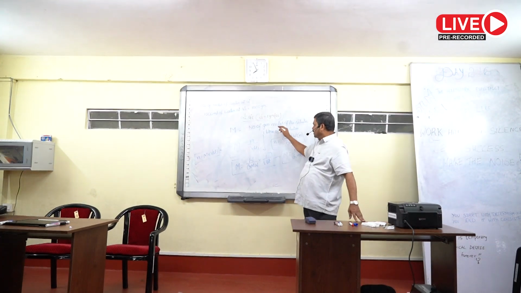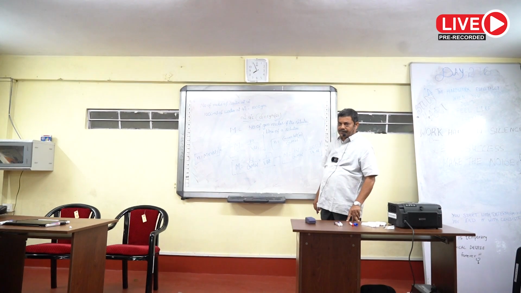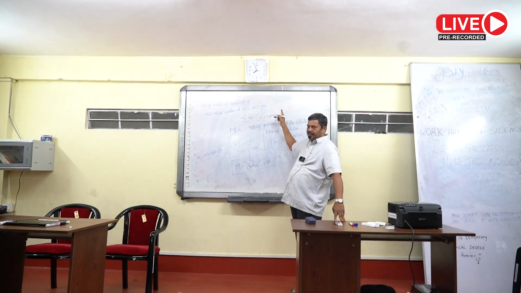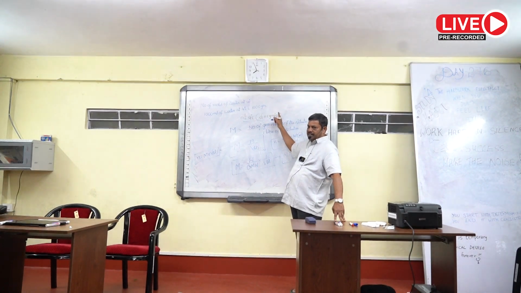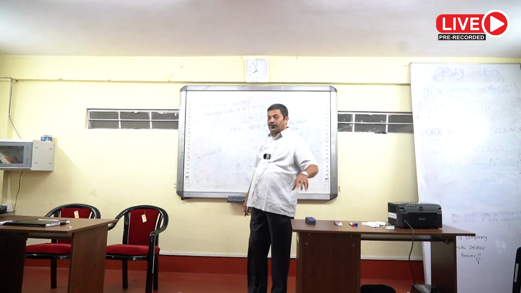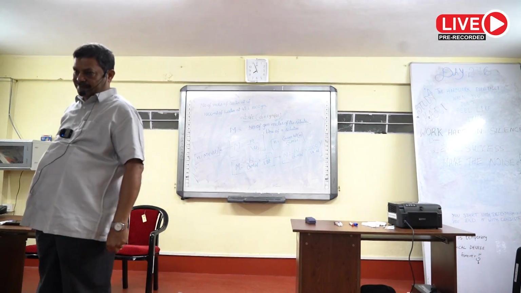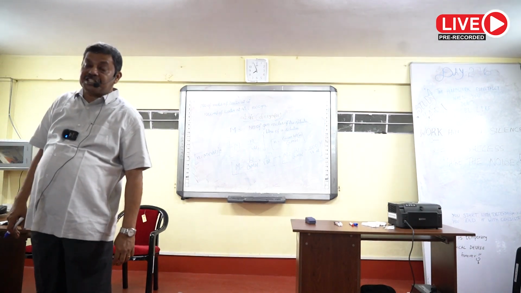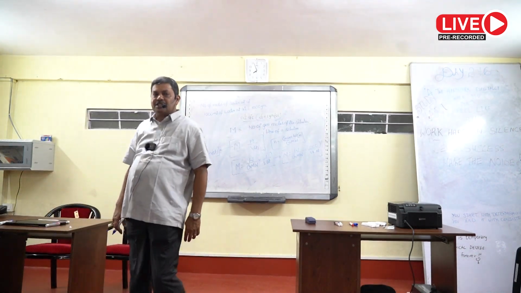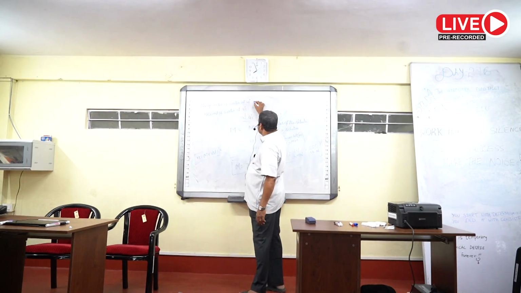Because already we have given density is equal to how much? 1 gram per cc or ml. 1 cc weighs 1 gram. 1000 cc weighs 1000 grams. So when I want to find the molarity of water, I have to take 1 liter of water. Which is weighing how much? 1000 grams.